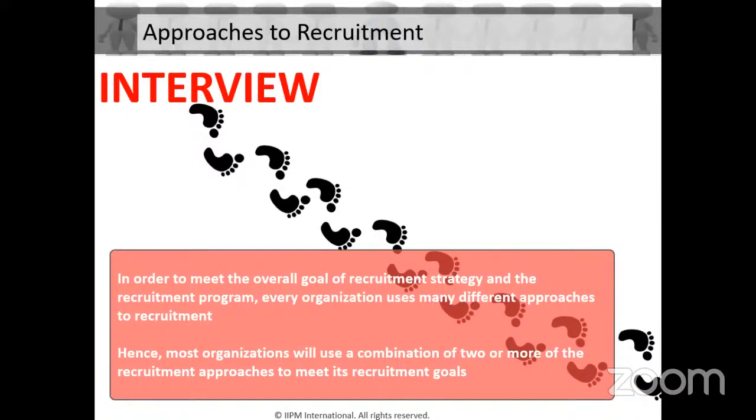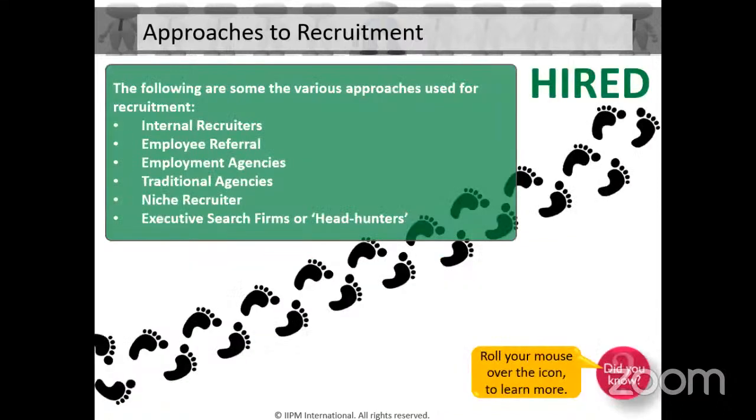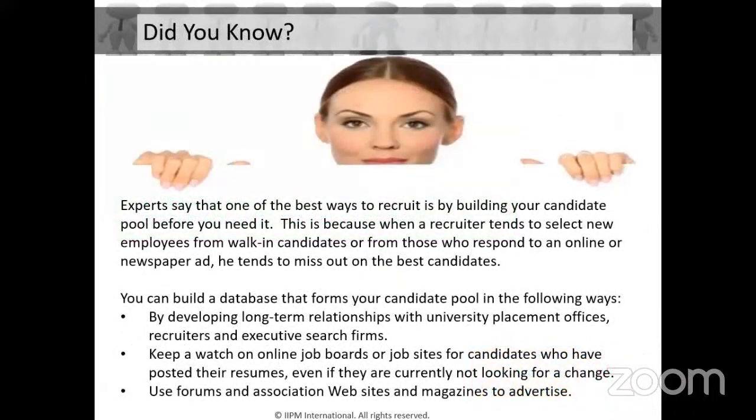So let's talk about the various approaches used in recruitment. Number 1, internal recruiters, employee referral, employment agencies, traditional agencies, niche recruiter, executive search firms, or headhunters. All of these are different approaches to recruitment. Which one do you choose?